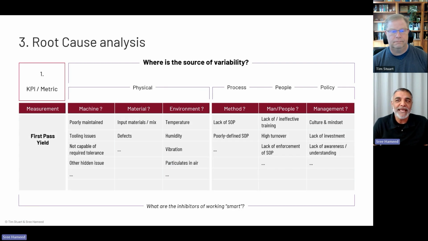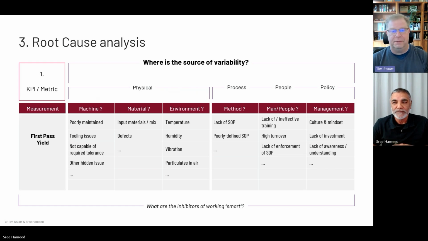So for each KPI, in this case, for first pass yield, we've organized the remaining categories of the Ishikawa diagram of machine, material, environment as the physical dimension, and the remaining dimensions under process, people, and policy. Now, keep in mind that this is meant to be a helpful checklist to help identify what's specific to your environment, right? Yep.